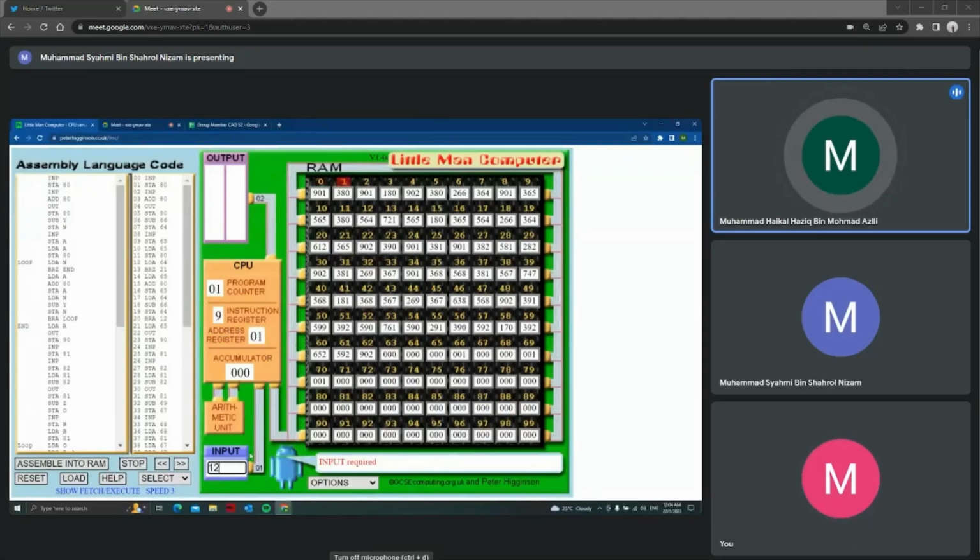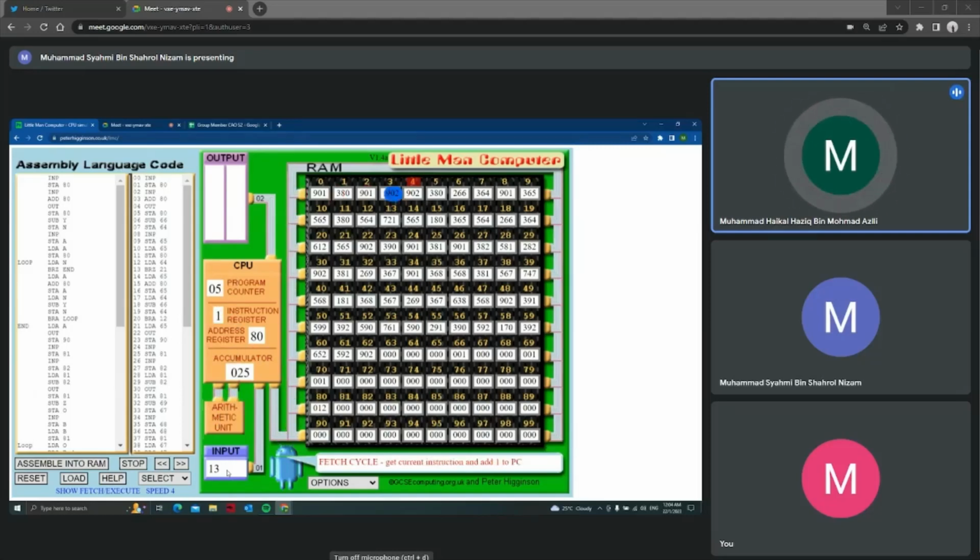For the next input, we put B, and then it will directly take from the register 80, put inside the accumulator and do the arithmetic, which is addition, and the output will come out. After the addition, it will store back at address 80.